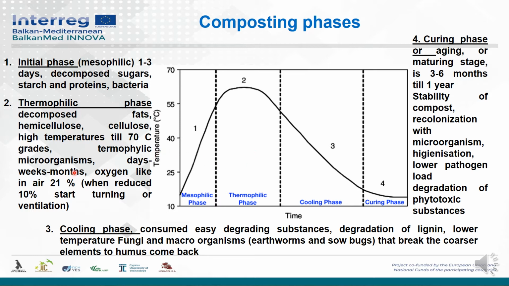The microorganisms are called thermophilic because they support high temperatures. This is a longer phase. It takes days, weeks, even months. The oxygen, like in air, is 21%. When it is reduced to 10%, it is important to do ventilation, to turn the compost.